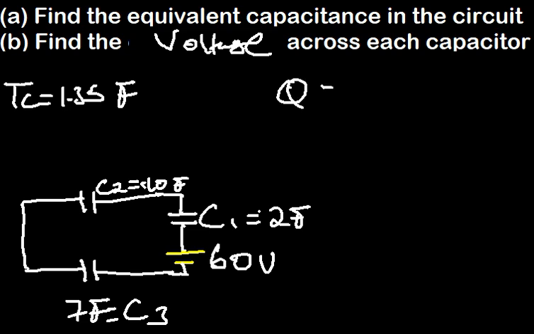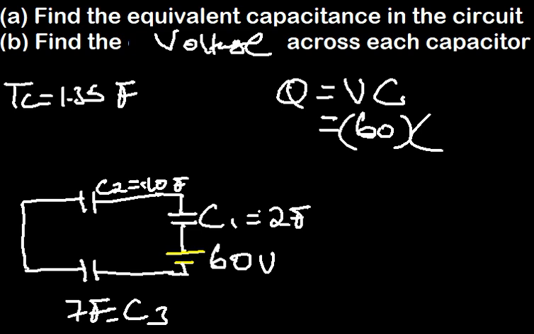The total charge will be given as the voltage times the capacitance, where the capacitance is the total capacitance. The voltage from the battery is 60, times the capacitance 1.35. So 60 times 1.35 is 81.